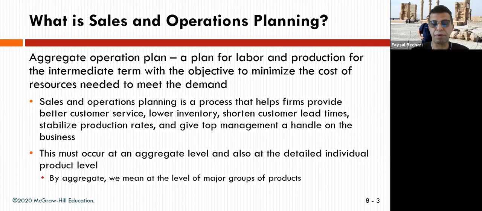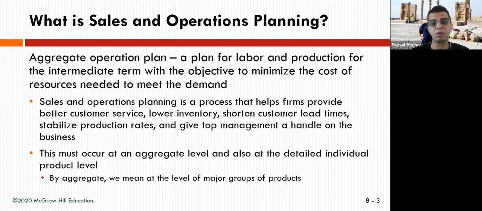Sales and operation planning is a process that helps firms provide better customer service, lower inventory, shorten customer lead times, stabilize the production rate, and gives top management a handle on the business. So all these issues are important for any operation. Low inventory will lower the cost.